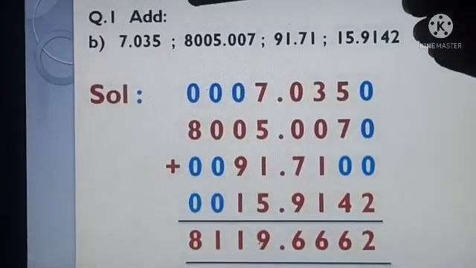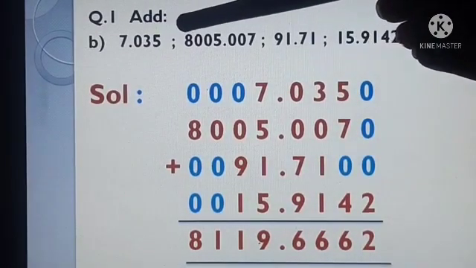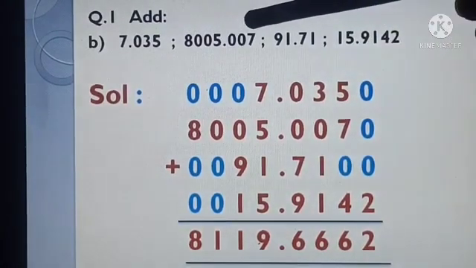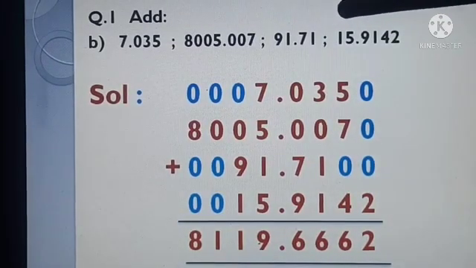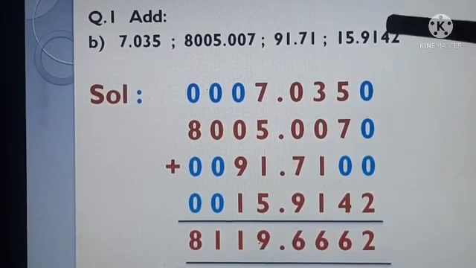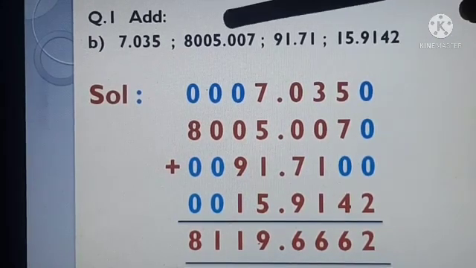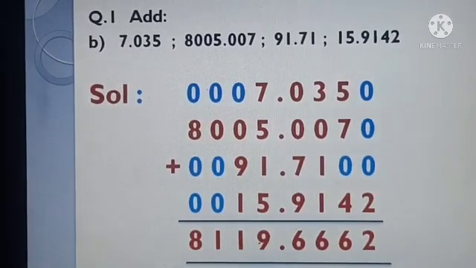Now first question B part. 7 decimal 035, 8005 decimal 007, 91 decimal 71, 15 decimal 9142. Look here. After the decimal, maximum 4 digits are there, and in the whole number part also 4 digits are there.